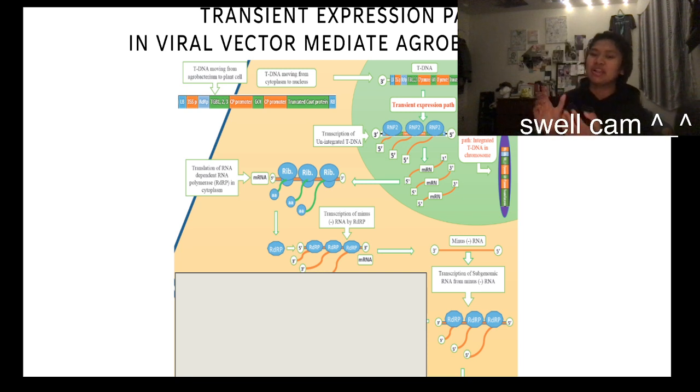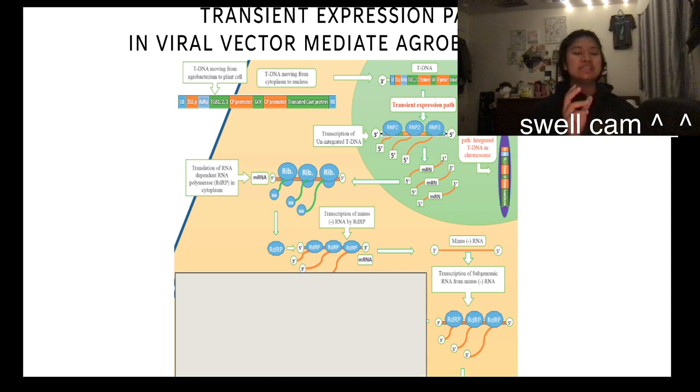From the mRNA, it will move outside of the nucleus and go back into the cytoplasm, where the mRNA will be translated into RDRP.